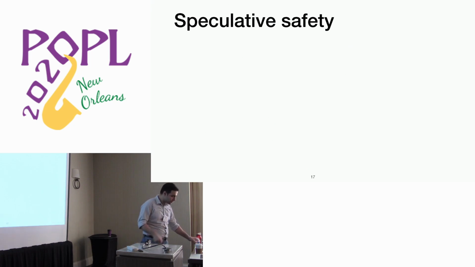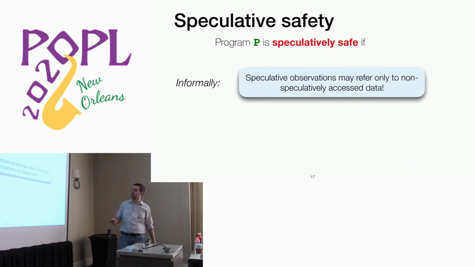which is a more permissive variant of strict speculative safety. Informally, we allow speculative observations that refer only to non-speculatively accessed data. Concretely, we're saying that you can do speculative execution as long as you do it in a safe way.